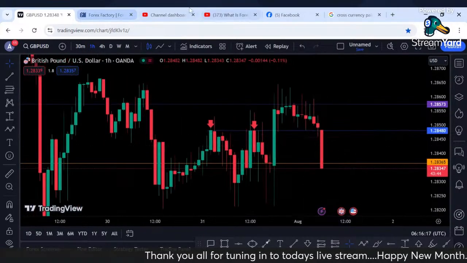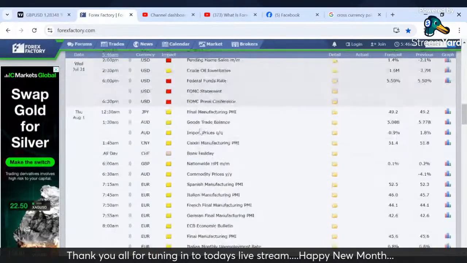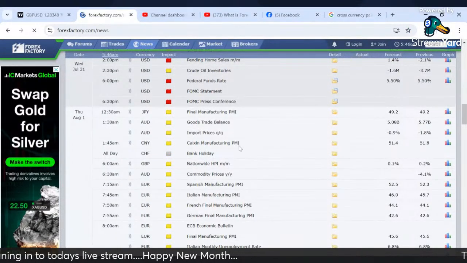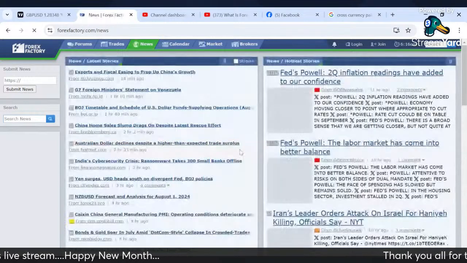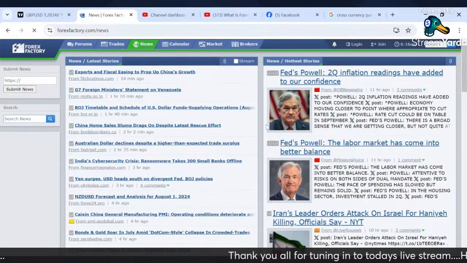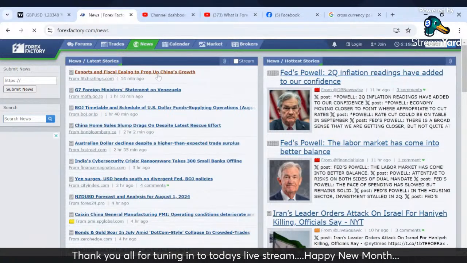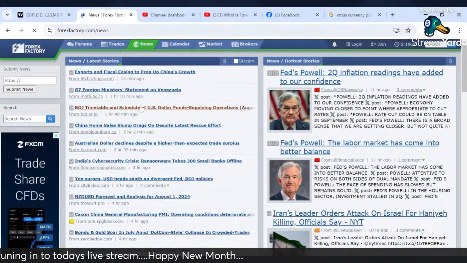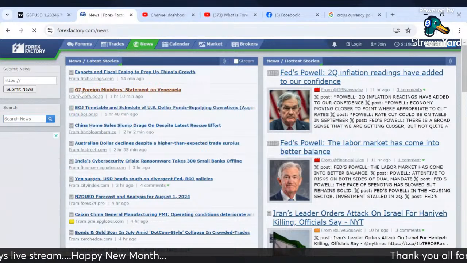But the way this candle closed, I don't know what happened today. Let me check whether there was news or what. Exporting fiscal easing to prop up China growth, 14 minutes ago.